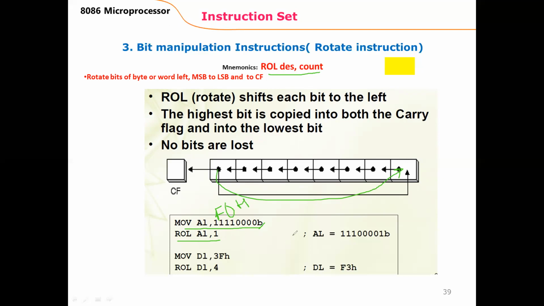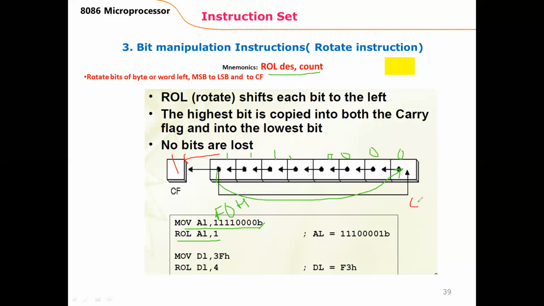After the execution of this instruction, if we shift it left, 1 1 1 1, 4 times 0. After execution of ROL AL comma 1, this 1 will be shifted to carry, means after execution of this instruction, the carry flag bit value will be changed.